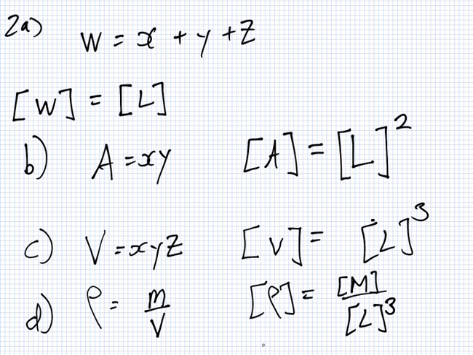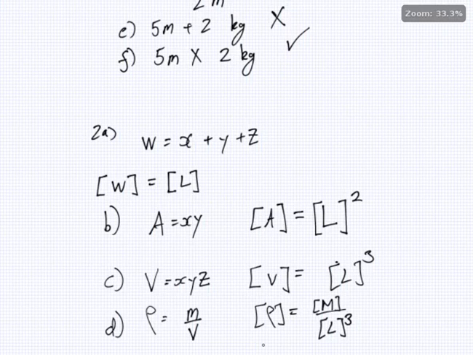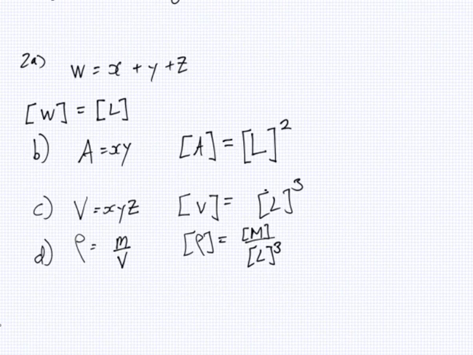Okay, so I'll write down here as well. The first one was 5 meters plus 2 meters, and that is okay. Alright, the next example here, 5 meters is bigger than 2 meters. What do you think? It's valid, yeah. 2 hours is bigger than 1 kilogram.